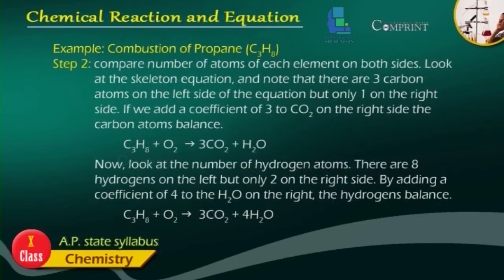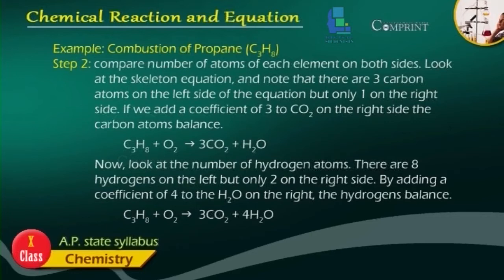Step 2. Compare the number of atoms of each element on both sides. Look at the skeleton equation and note that there are 3 carbon atoms on the left side of the equation but only 1 on the right side. If we add a coefficient of 3 to CO2 on the right side, the carbon atoms balance: C3H8 + O2 gives 3CO2 + H2O.